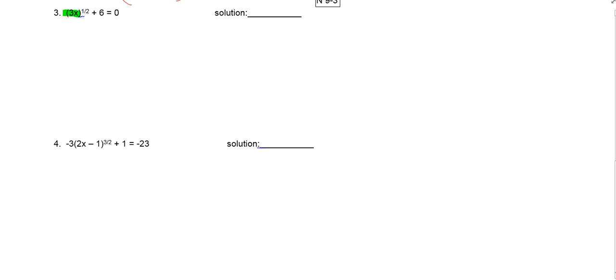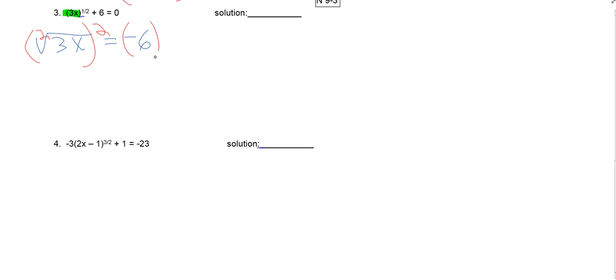So let's go ahead and do that here. So we have 3x to the 1/2 power, or the square root. Now, how do we get 6 by itself? We're going to subtract 6, and 0 subtract 6, of course, gives us a negative 6. And then we will square it, right? Because the index is understood to be 2 in the square root.